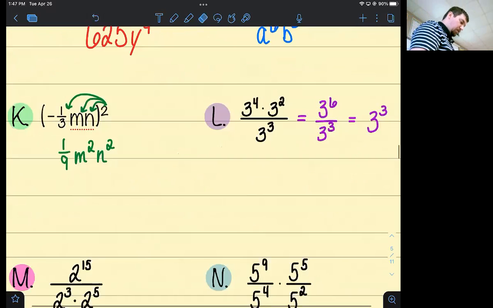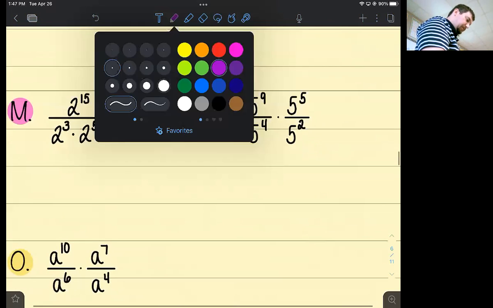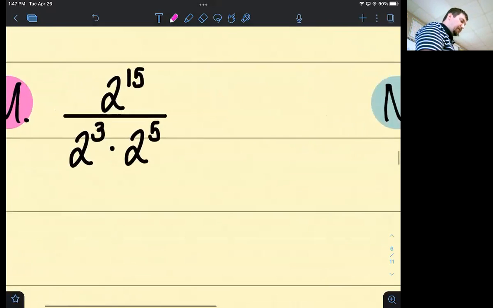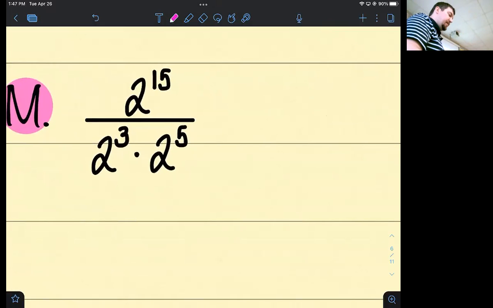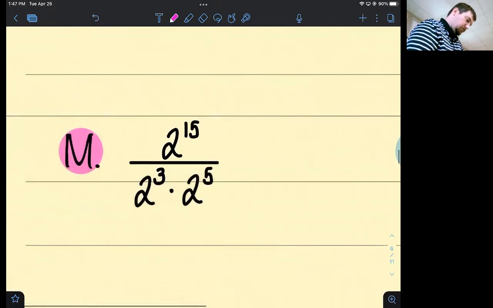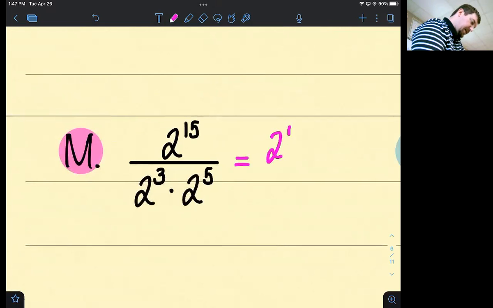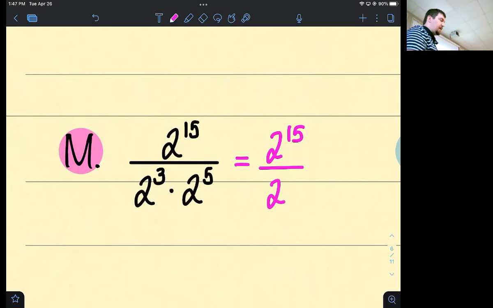Okay, example M. 2 to the 15th divided by 2 cubed times 2 to the 5th. Connor, walk me through this one. Multiply the 2 and 3. Okay, what's that going to give you as the denominator? Not 15.